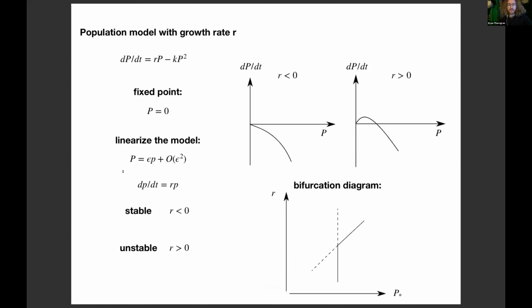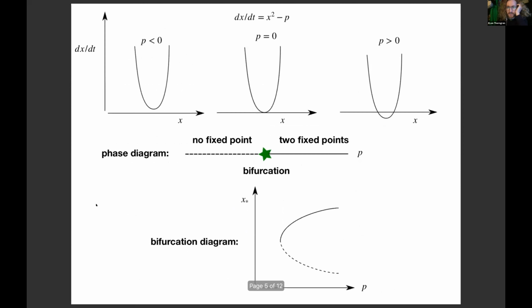Are there any questions about this model? I don't want to go too fast. Why did you draw the bifurcation diagram the other way from the first? No reason, really.